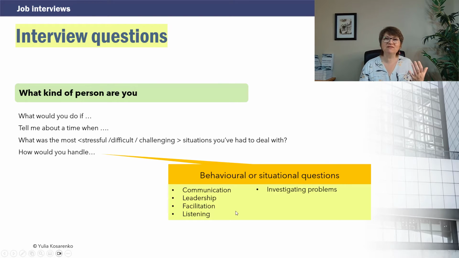It could be about investigating problems and using different techniques to really get to the bottom of the problem to understand the root cause. Could be about teaching others, explaining things to them, explaining difficult concepts to your stakeholders. Could be about conflict resolution. How do you deal with conflict? How you find smart ways of dealing with it and resolving it so that it doesn't jeopardize the progress of the project. And finally, about diplomacy and tact, and so knowing how to deal with sensitive situations.